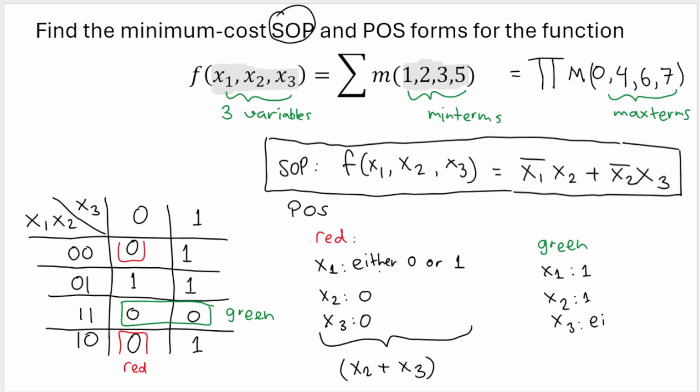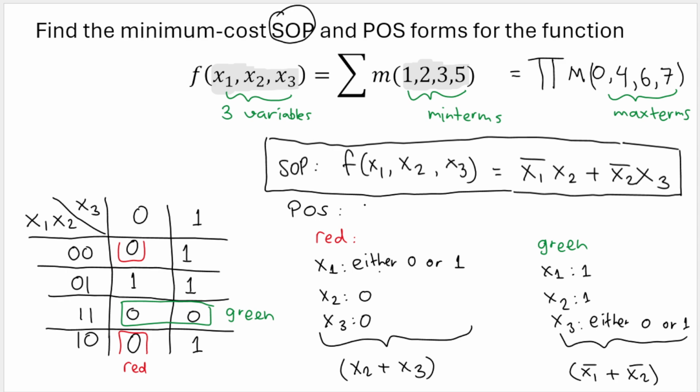So from this group we will have x1, but we complement it because we work with 0. So this one will be x1 complement plus x2 complement, because that is 1 here.